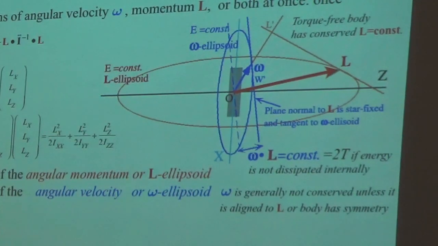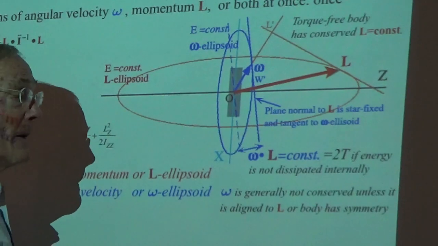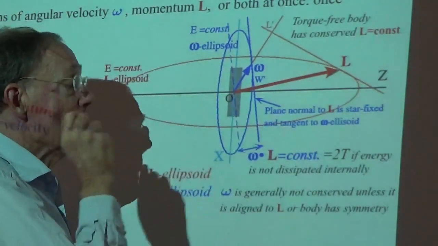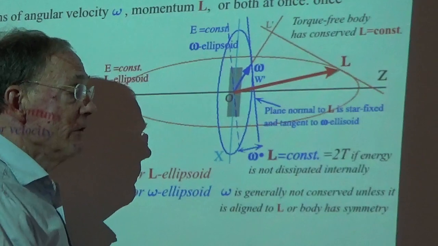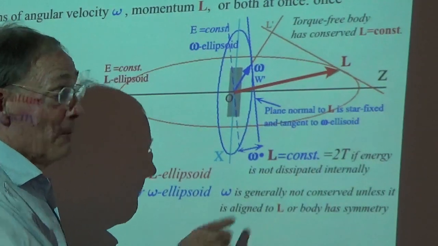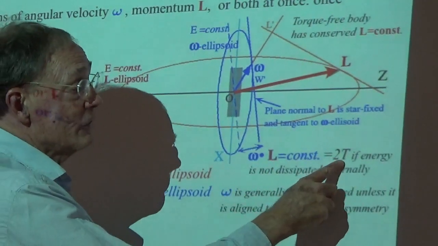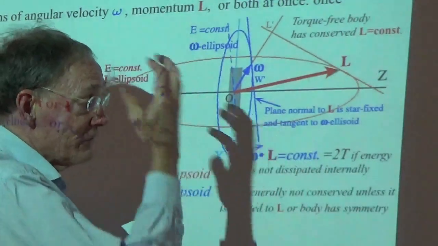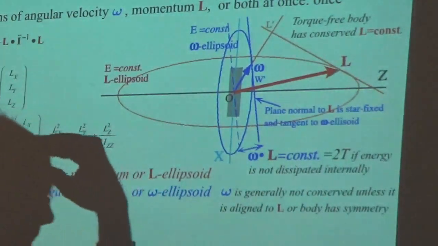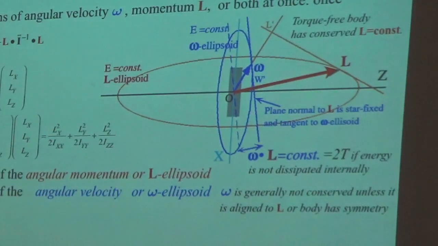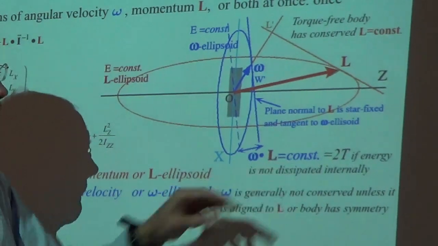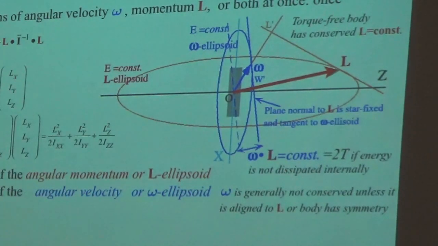So omega is usually out there if this body is flying without any applied forces at all, just falling, you might say, then these things are true. Now, omega dot L is 2 times the kinetic energy. That's a result that we saw with quadratic forms. So that's a constant of motion as well, even as this thing rotates. But omega is not conserved.